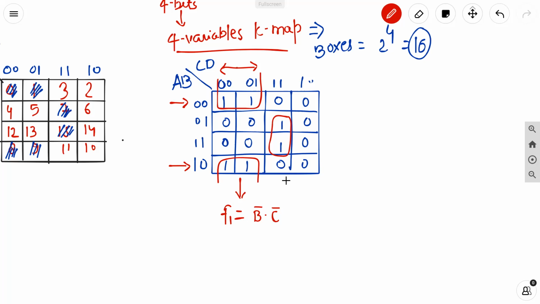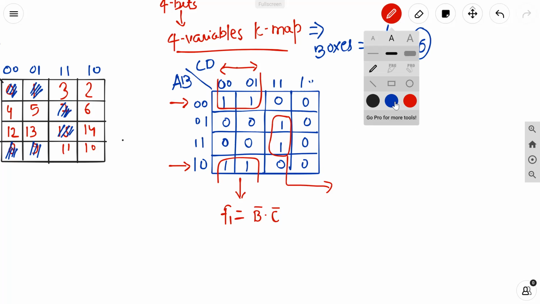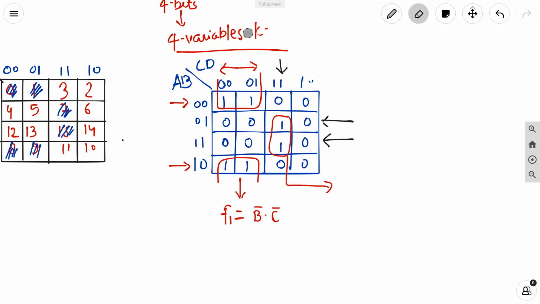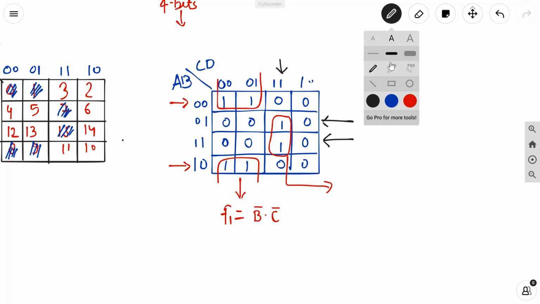Now for this particular pair, these two rows are involved, and one column is involved.